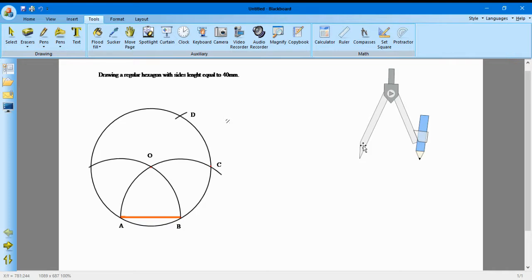Now, I already have A, B, C, D. I will be placing my compass here at point D, and I will be scribing another arc on the circle, which is right here.